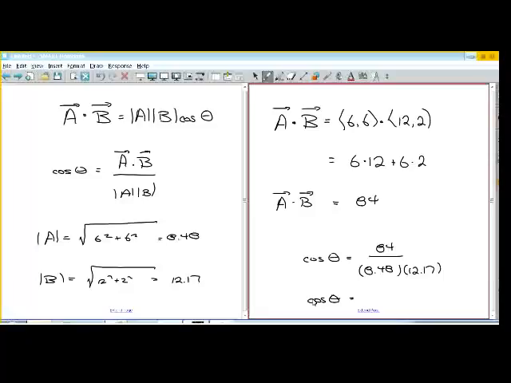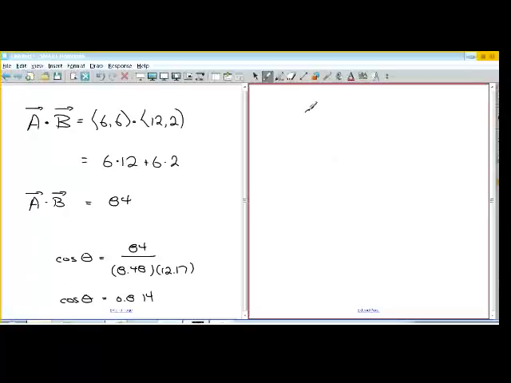So 84 divided by 8.48 times 12.17 is 0.814. And so then if we take the inverse cosine of 0.814, I knew it was wrong before because it had to be between -1 and +1.